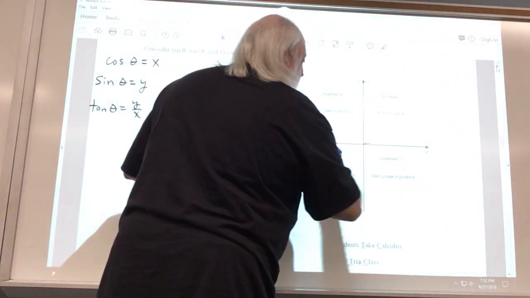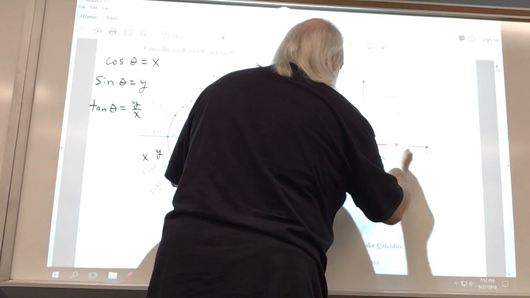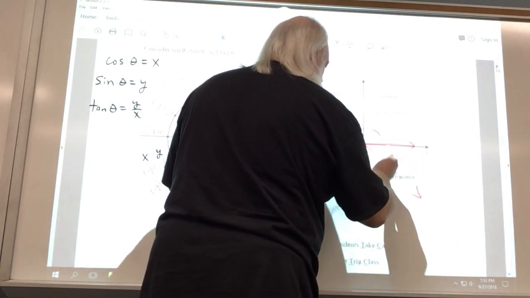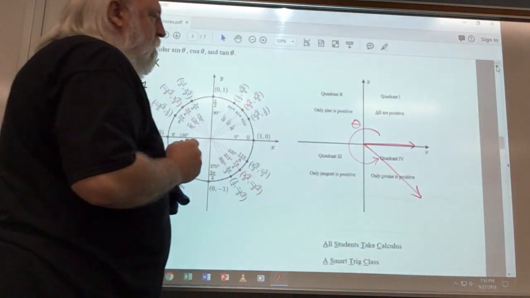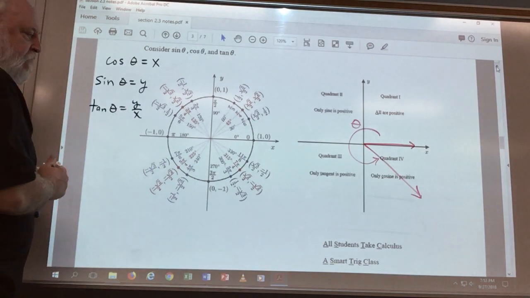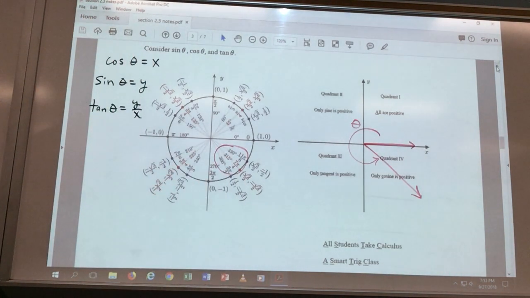And then lastly, let's draw an angle in quadrant 4. And using the unit circle over here on the left, we have these three angles that are in quadrant 4.